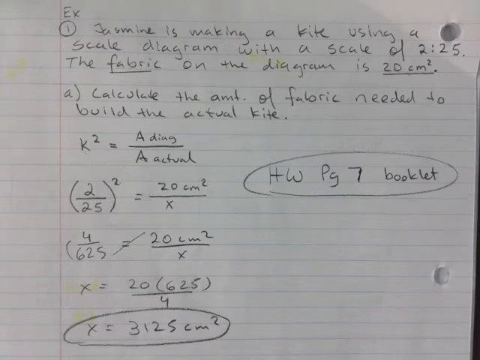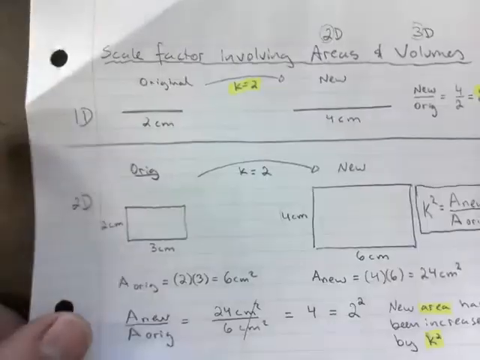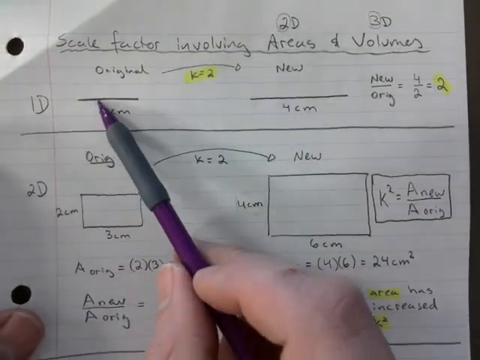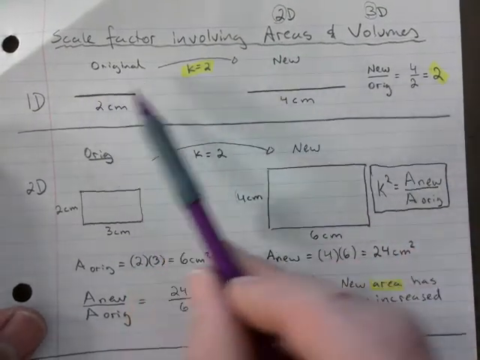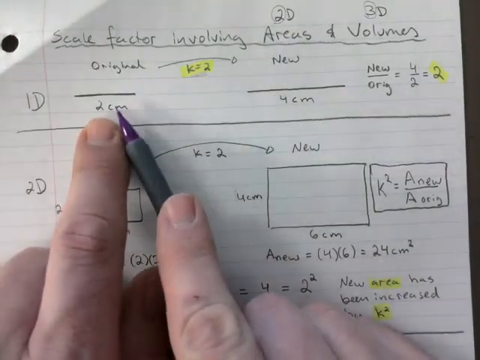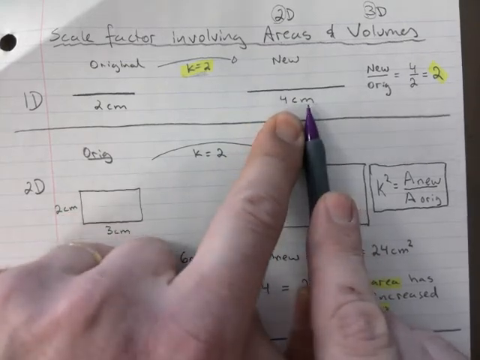Okay, so Friday we started to explore the fact that one dimension is just affected by a factor of k, because you're literally affecting one dimension by that scale factor to produce the new shape.